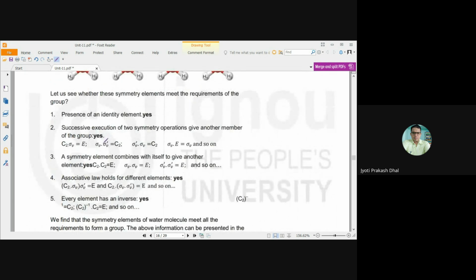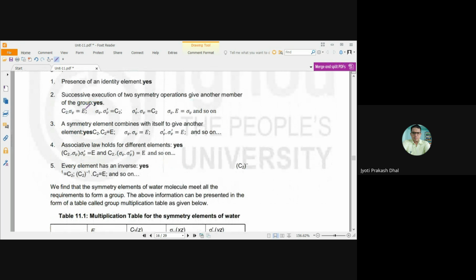Now let us see whether these symmetry elements satisfy the requirements of a group. First, the presence of an identity element: yes. Second, successive execution of two symmetry operations gives another member of the group: yes. For example, C2 sigma v gives sigma v dash, sigma v sigma v dash gives C2, so C2 is present.